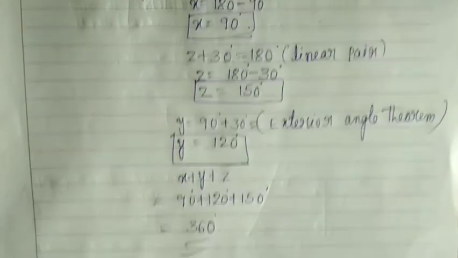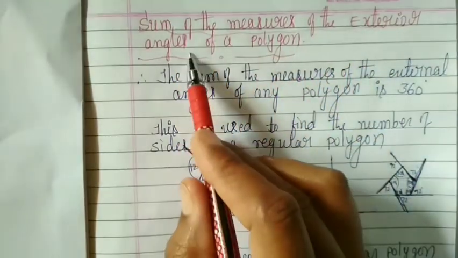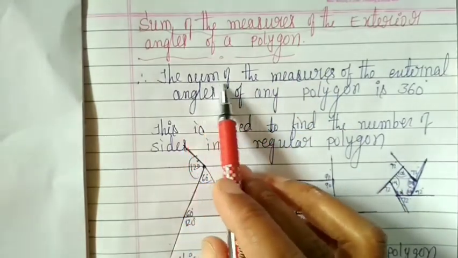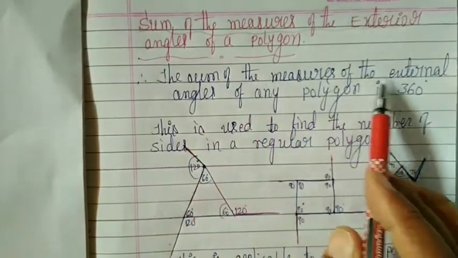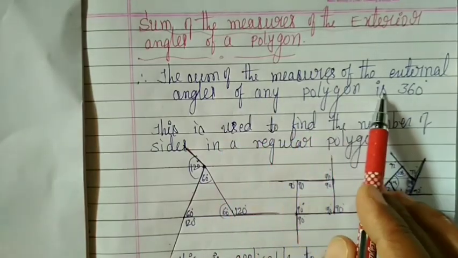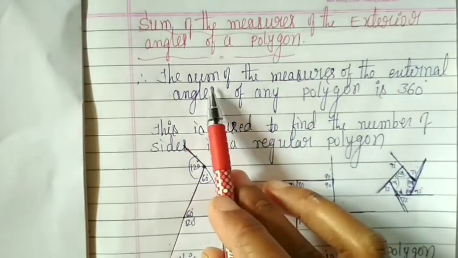That's all. Sum of the measures of the exterior angles of a polygon. Dear children, the sum of the measures of the external angles of any polygon is 360 degree. Once again, you can observe this.